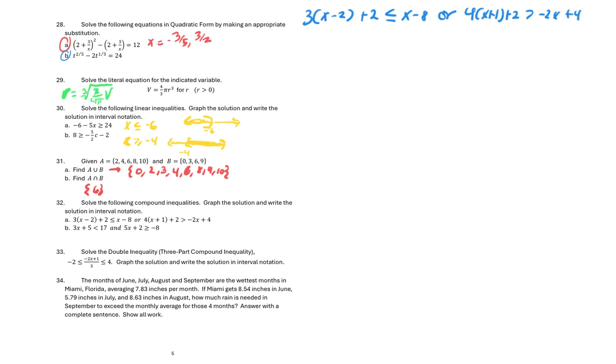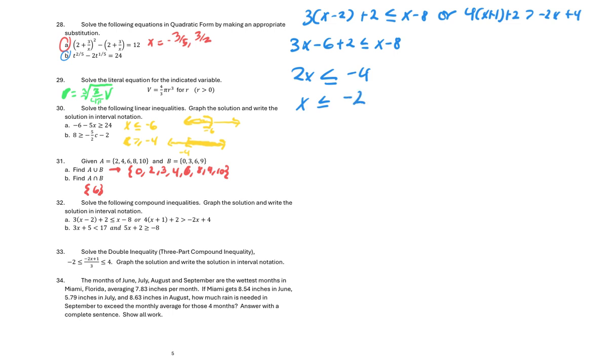So we'll solve the left-hand side and then the right-hand side. Start combining like terms by subtracting or adding to either side. 2x less than or equal to negative 4, x less than or equal to negative 2.